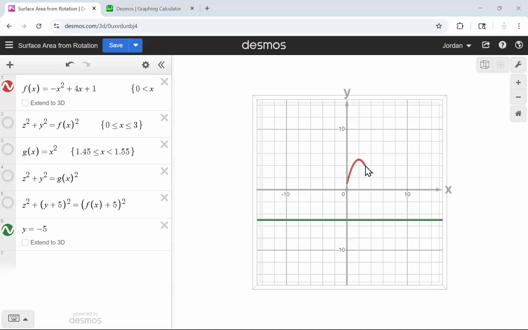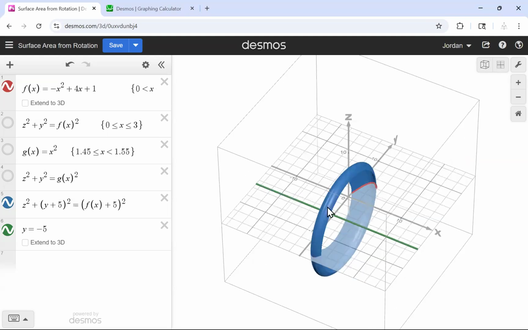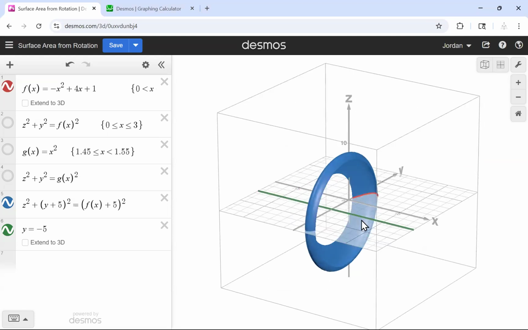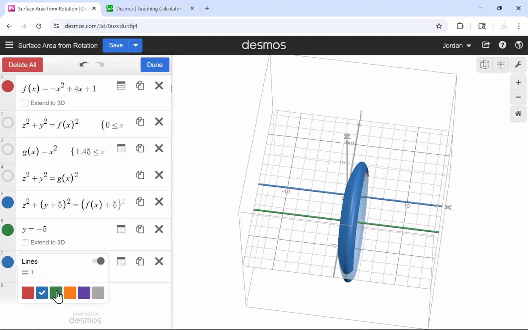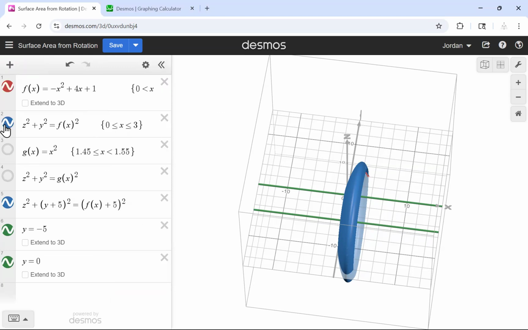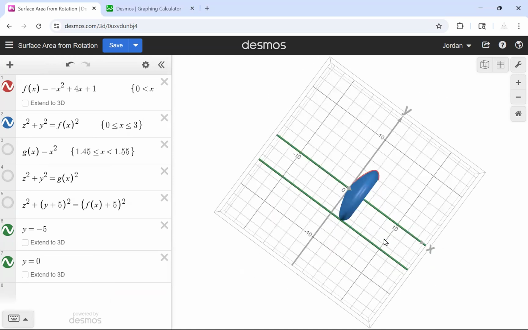In this case, if I look at a picture, I'm going to have this curve rotated all the way around y equals -5. When I do that, I get this shape of an object. When I had y equals 0 as my line that I was rotating around, I got a much more compact object.